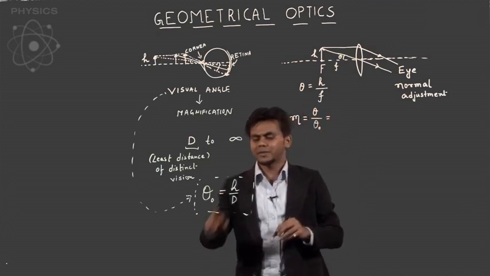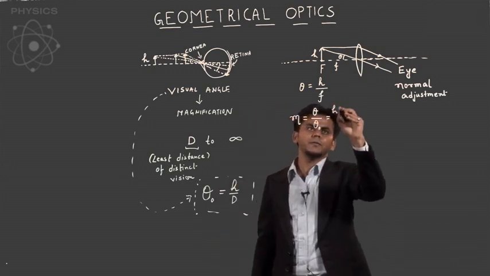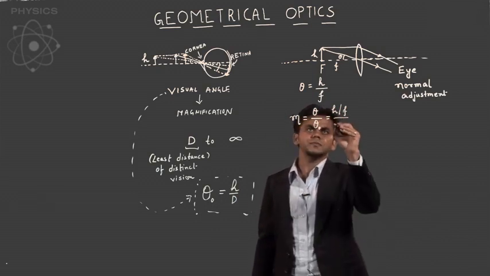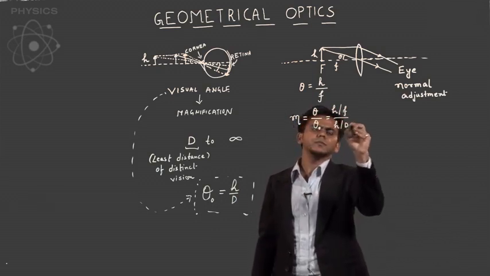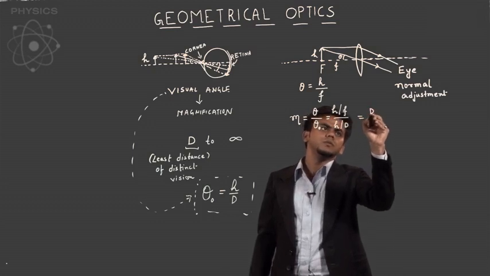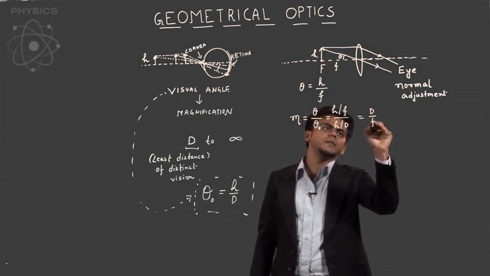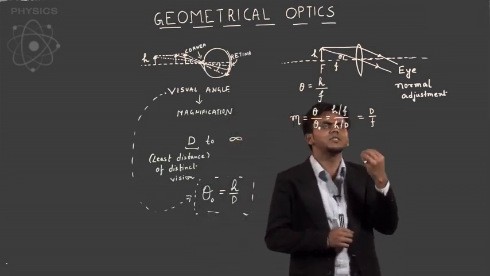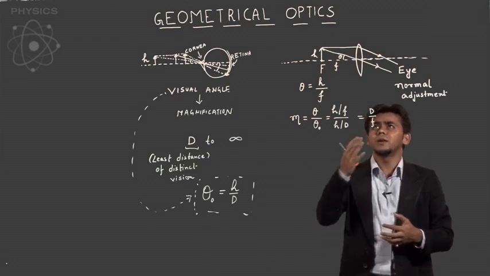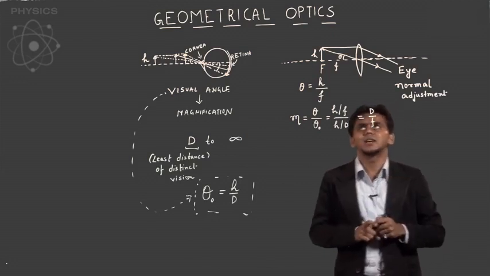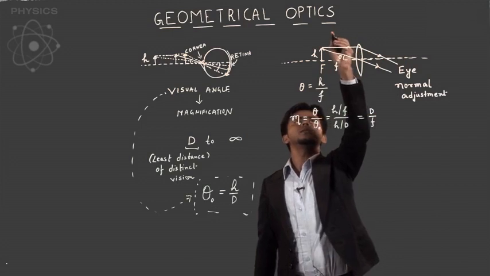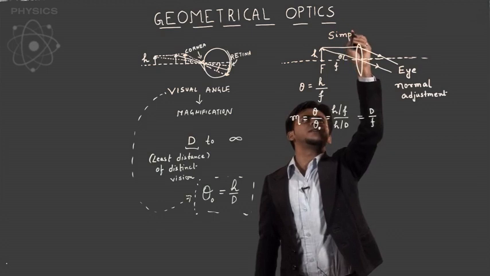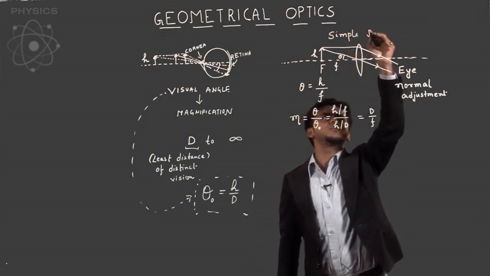Now this gives you theta is equal to h by f and theta naught is equal to h by d, and this gives you d by f. What is d over here? D is the least distance of clear or distinct vision, and f is the focal length of the simple microscope or the converging lens. I'll just write a simple microscope term over here because that would make things more clear and remove the ambiguity. This is a simple microscope.